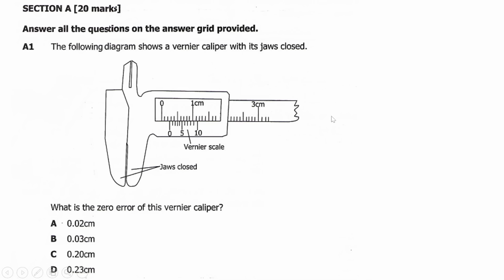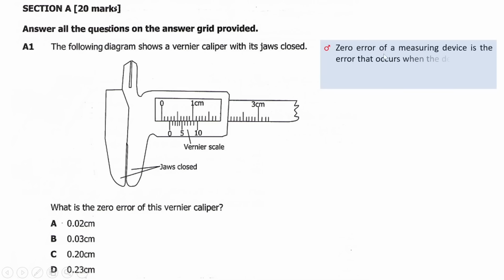So here are some definitions of zero error. The first definition says, zero error of a measuring device is the error that occurs when the device shows a non-zero digit or a non-zero reading when it should actually show 0.